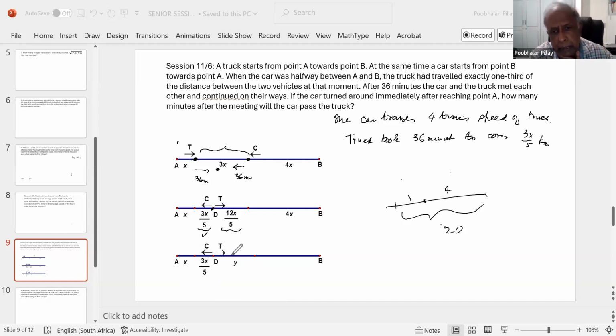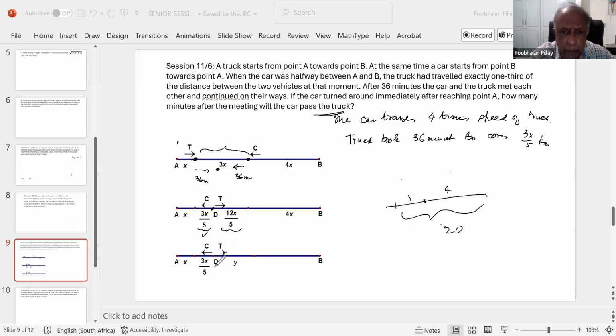In the meantime, the truck is just trudging along, happily at 1/4 the speed of the car. And the car goes and meets it again. It overtakes it. If the car turned around immediately, how many minutes after meeting will the car pass the truck? So now we don't know how much the truck has traveled in that time.